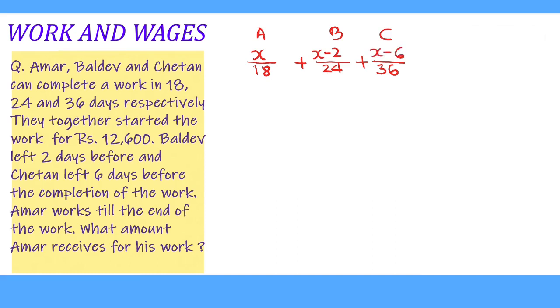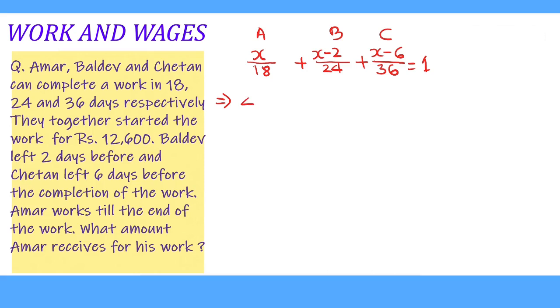So the work done by A is X upon 18. Work done by B is X minus 2 upon 24. And work done by C is X minus 6 upon 36. This is equal to 1 work. Now LCM of 18, 24 and 36 is 72. So we multiply both sides by 72. So we get X upon 18 multiplied by 72, and 18 cancels 72 for 4 times.